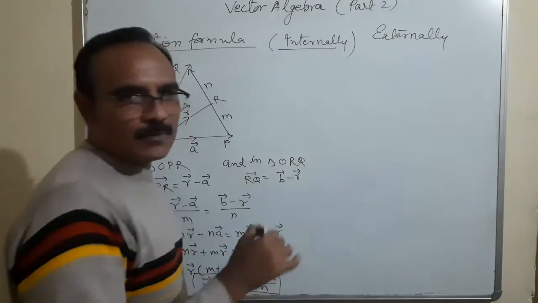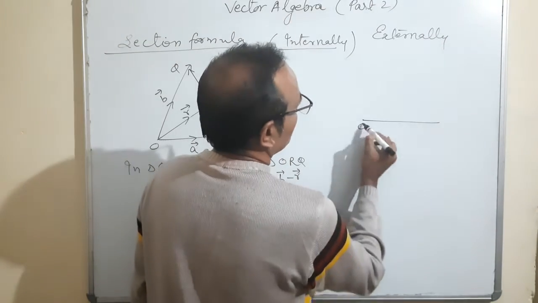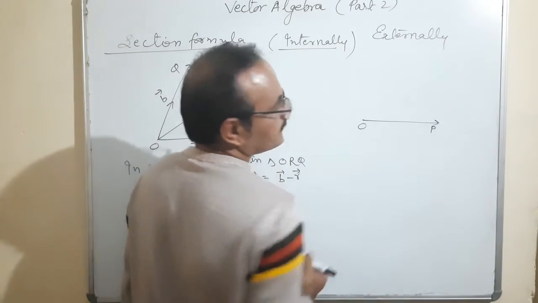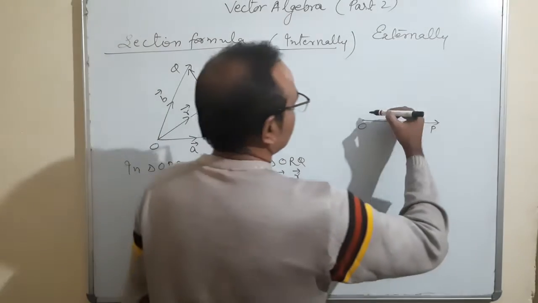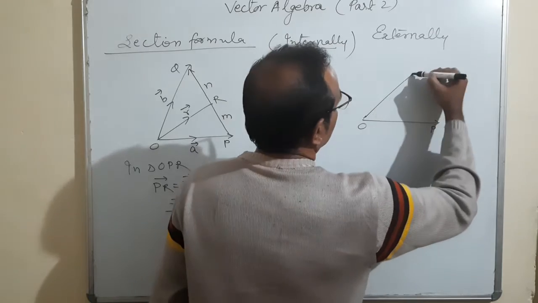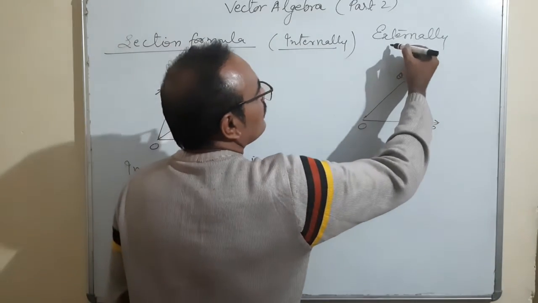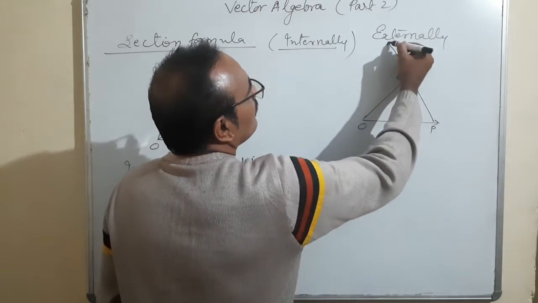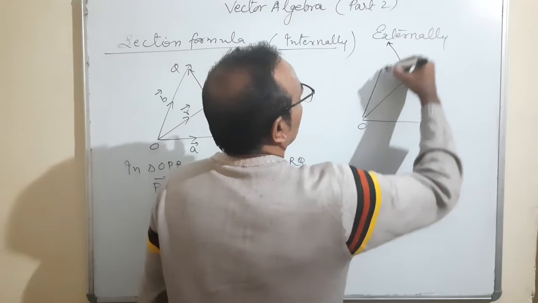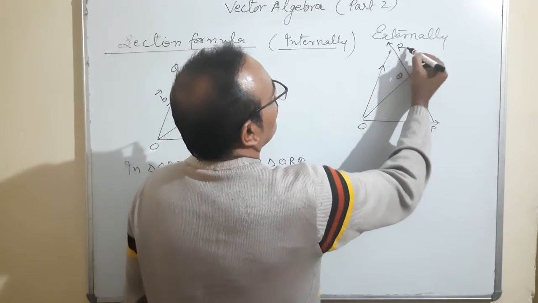In externally, the diagram will be different, like this. This is OP, one vector. Okay. Second vector is OQ, and this is OR.